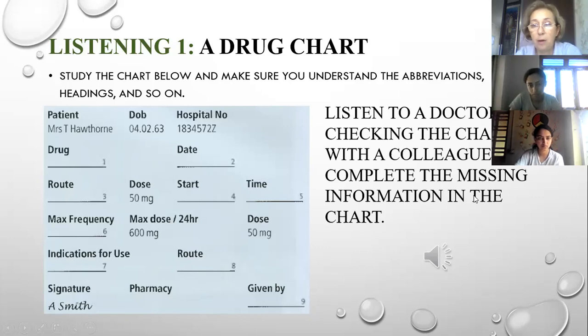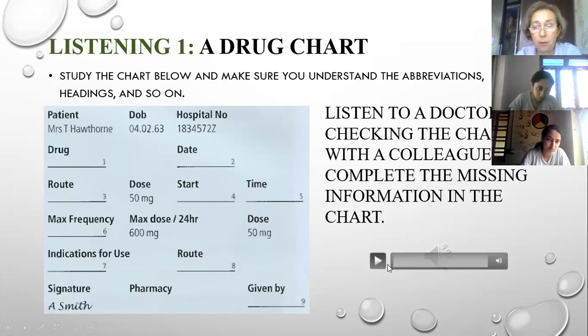Yes. Now let us just check it. We're going to listen to a doctor checking the chart with a colleague, and we should complete the missing information in the chart. So please take notes on paper while listening.